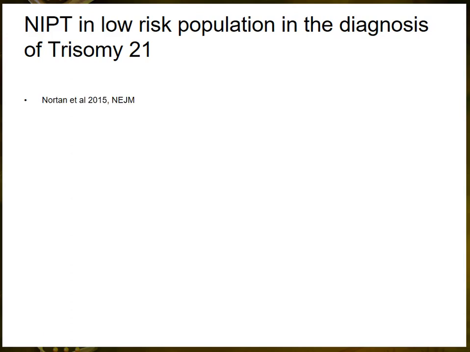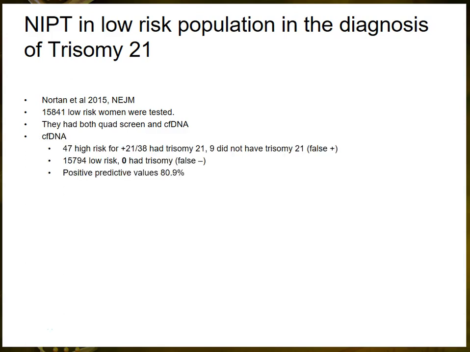In the low-risk population, recently a study was done in the New England Journal of Medicine, and they looked at 15,841 low-risk women, and they did both the quad screen and cell-free DNA. In the cell-free DNA, 47 were found to be high-risk for Down syndrome. 9 did not have it.